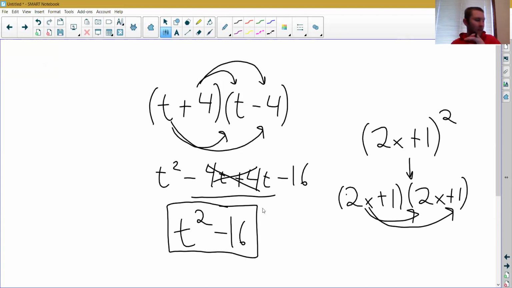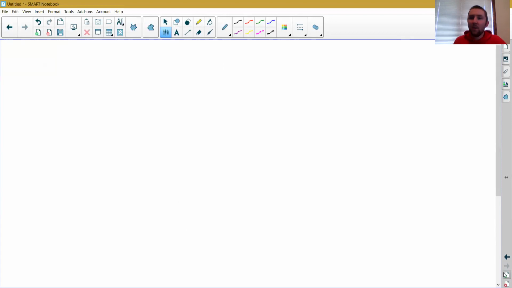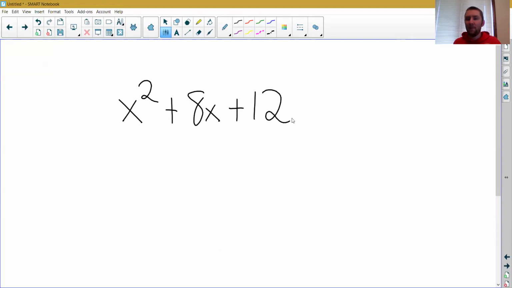Okay, that was everything that we talked about before we took our chapter 8 quiz up through sections 8.4. Okay, then after our quiz in section 8.5, we started going backwards. We started looking at quadratic trinomials that look something like this. And we talked about factoring these quadratic trinomials into their binomial factors.